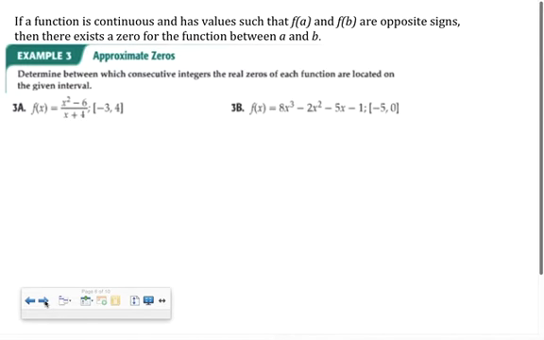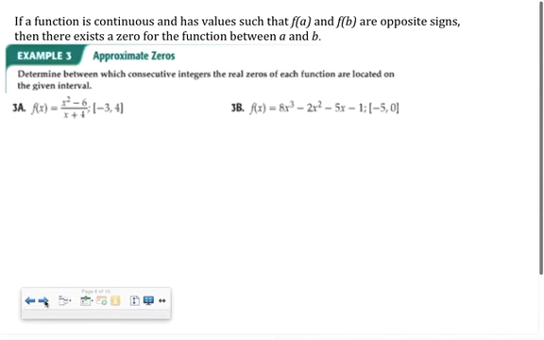Another thing that we're able to analyze within a function is if we see, for example, that the f of a is one sign and that the f of b is a different sign, well, somewhere between positive numbers and negative numbers, there's 0.